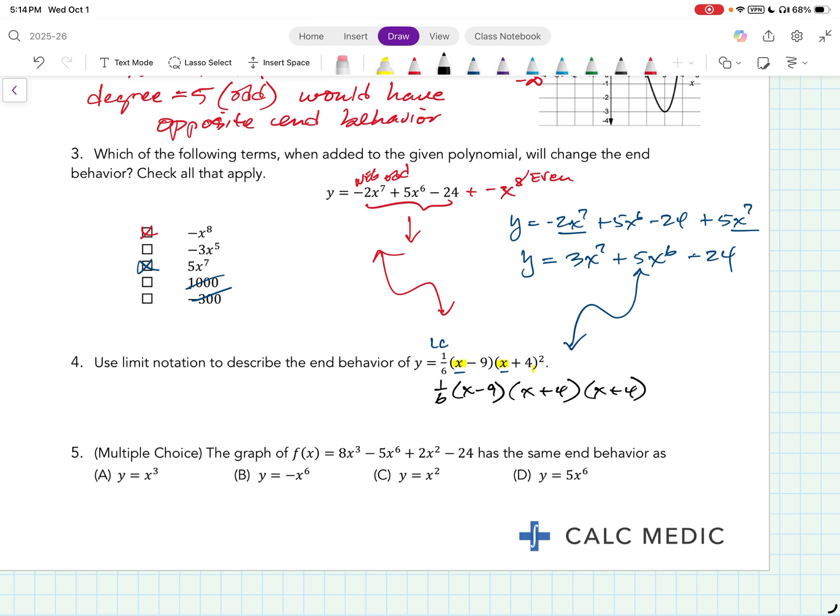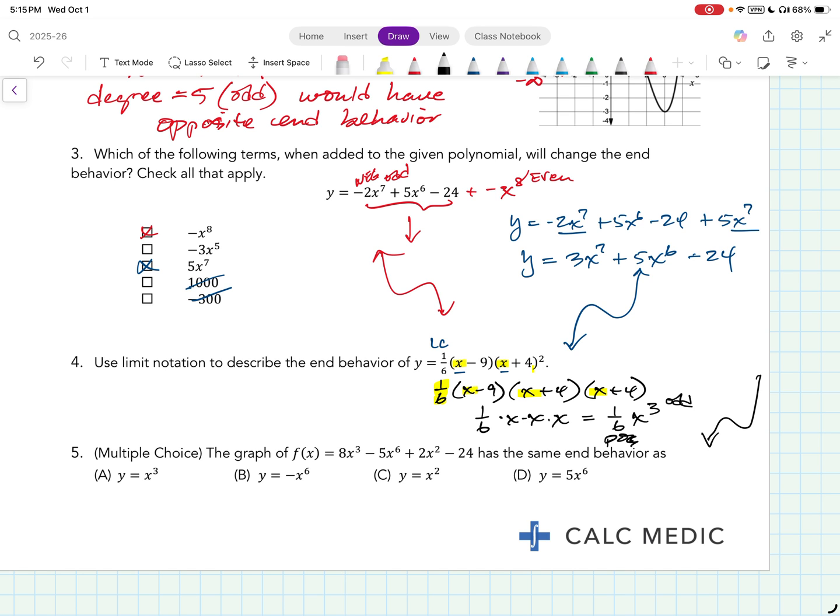So if you multiply this out, you multiply x times x times x times the lead coefficient, and you get your dominant term: 1/6 times x to the third power. This is positive, and this is odd, so this behaves like this again.